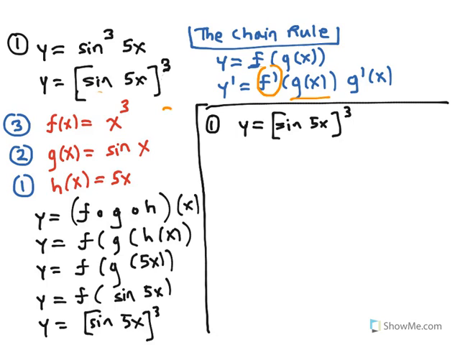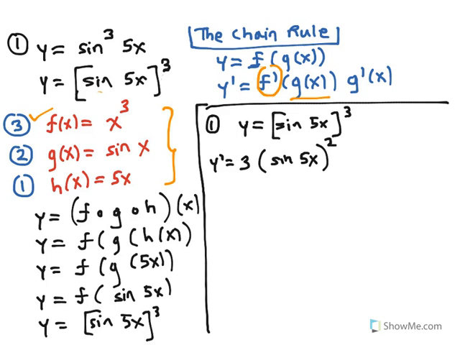Our outside function is x cubed. So to find the derivative of y, you begin by finding the derivative of the outside function, which is 3x squared, but you have to evaluate it at the inside function of sine of 5x. So you get 3 sine of 5x squared.